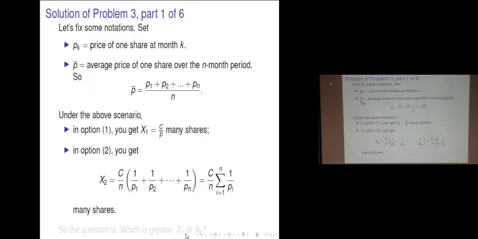Using our shorthand, this is C over n times the sum of 1 over Pi, where i goes from 1 to n. This is a shorthand for 1 over P1 plus 1 over P2 plus ... plus 1 over Pn. So this is the number of shares you get under option 2.